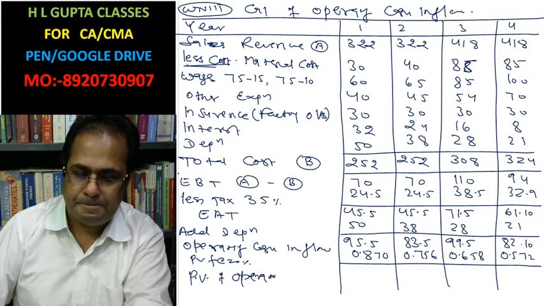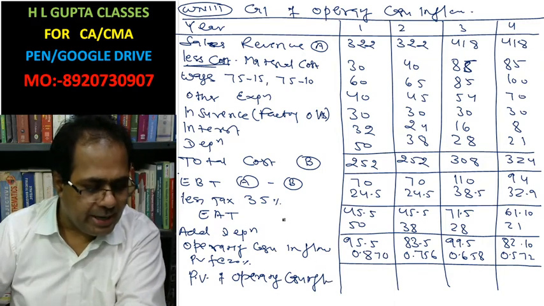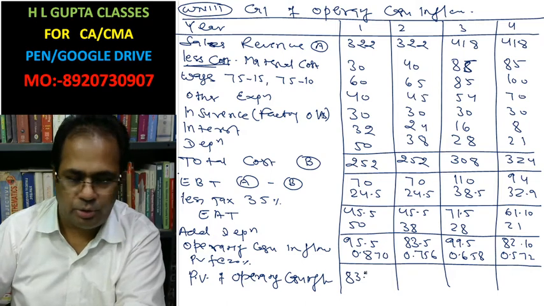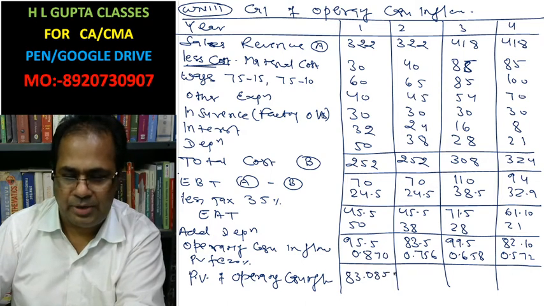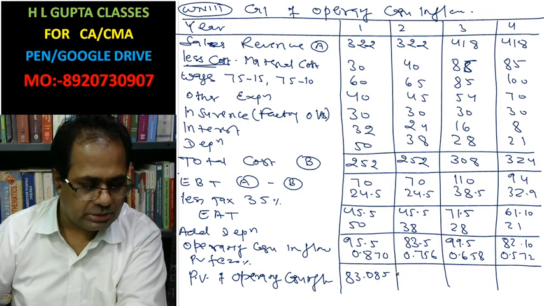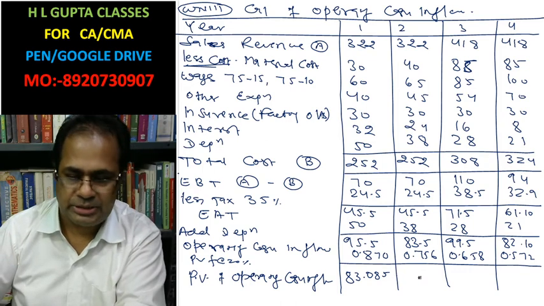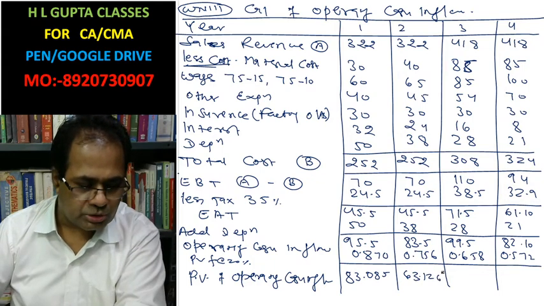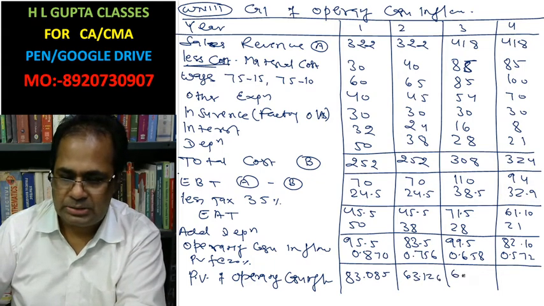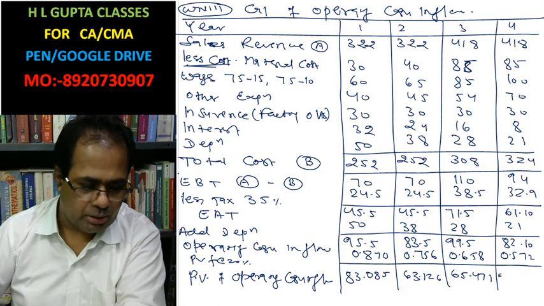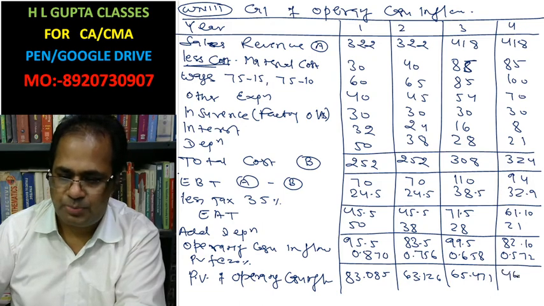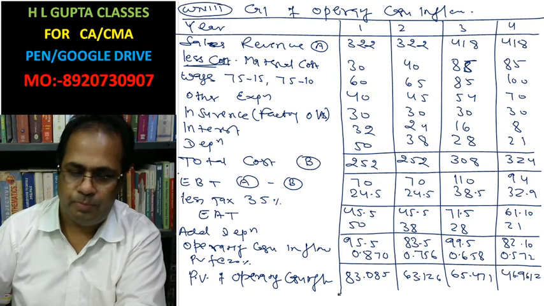Operating cash inflow: 83.085, 63.126, 65.471, 46.9612.